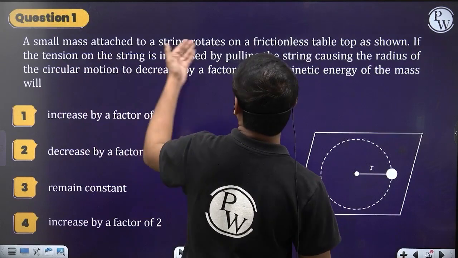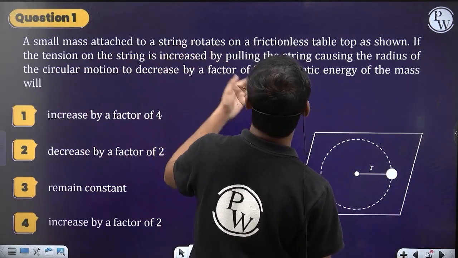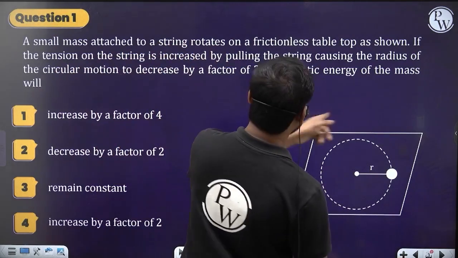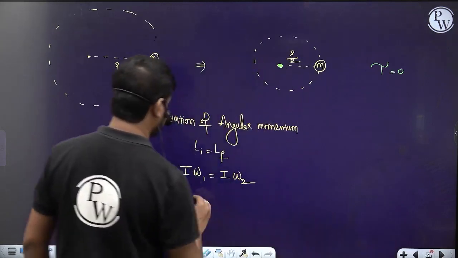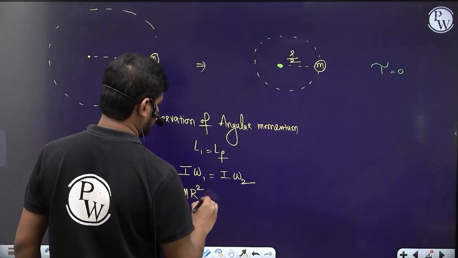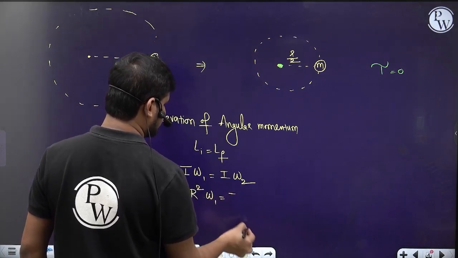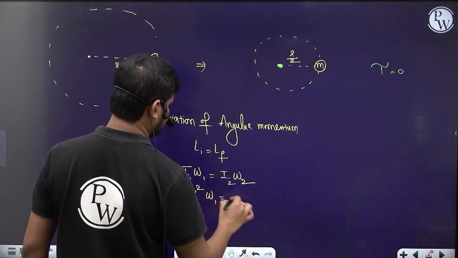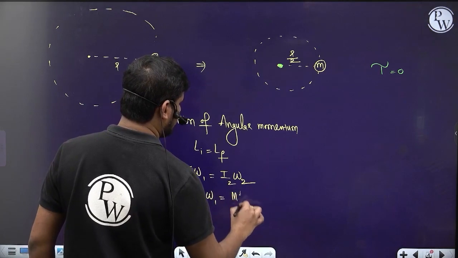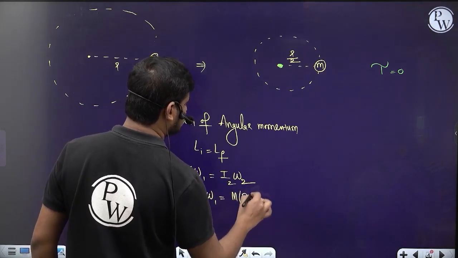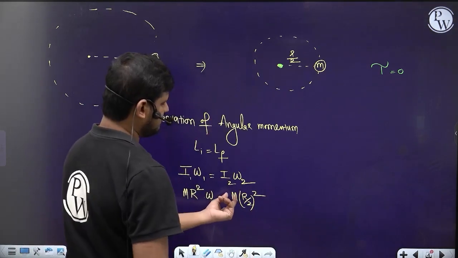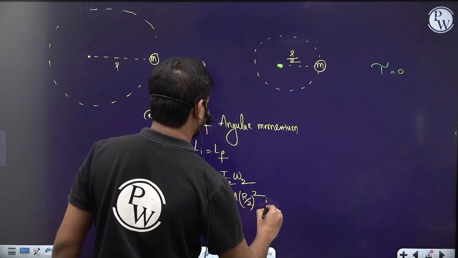A mass on a string will be like a ring. So it's going to be m r square into omega 1 is equal to I2, the moment of inertia, which is nothing but m, the radius has become half, so m r square by 4, into omega 2.